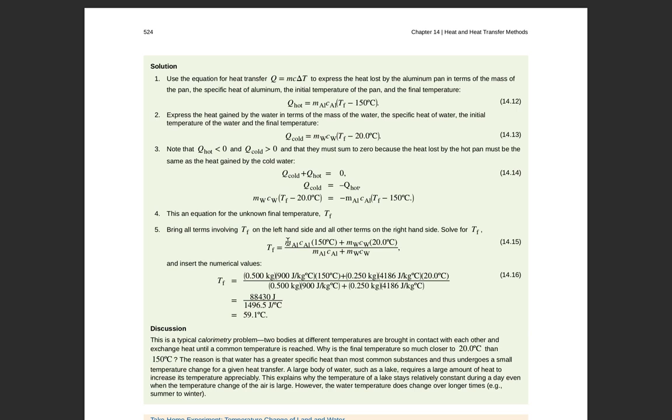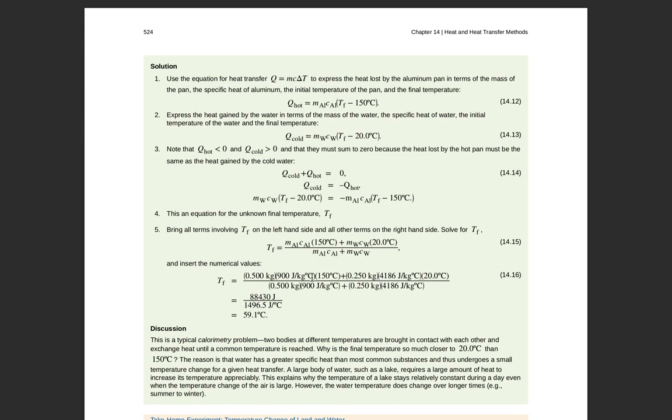But the end result should be M of the aluminum, specific heat of the aluminum, times your 150 degrees C, plus your mass of the water, times your specific heat of the water, times 20 degrees C, over mass of the aluminum, specific heat of the aluminum, plus mass of the water, and specific heat of the water. And you know all of these values on the right side. So after this, all you have to do is plug in.